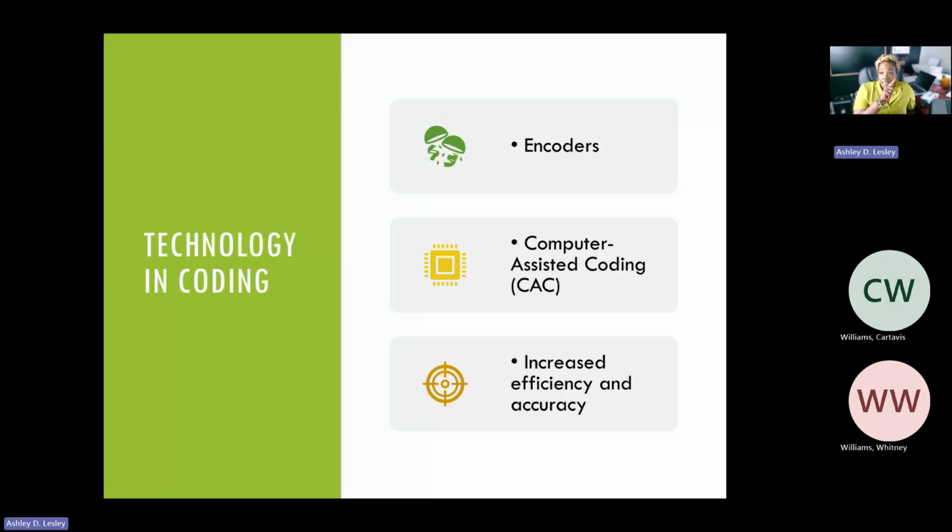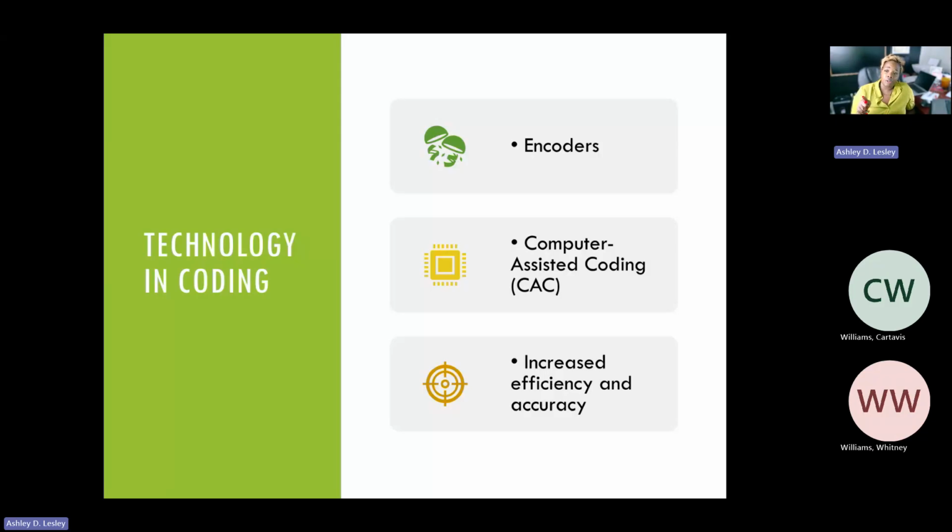I will click ICD-10 and I will click headache, and guess what happens? It puts the ICD-10 code of headache right there for me. I don't have to look for it. Also, I can click on a tab that says CPT, and I can put flu test, and it will pull me the CPT code for flu test. So that's what an encoder does. It does assist me with coding, which brings me to computer assisted coding.